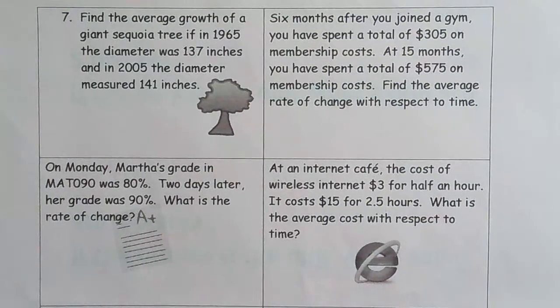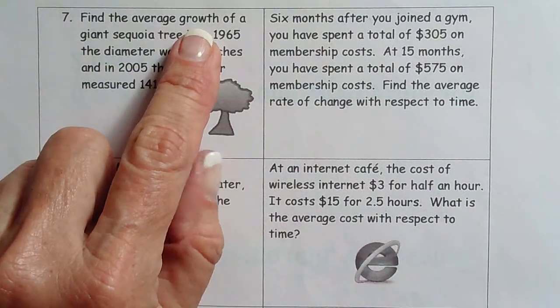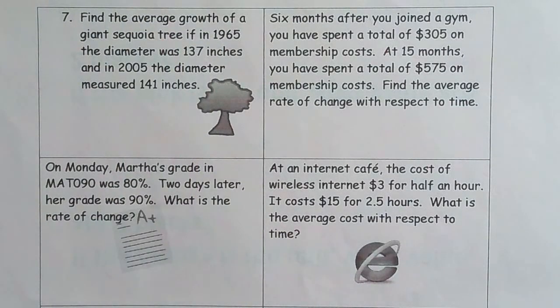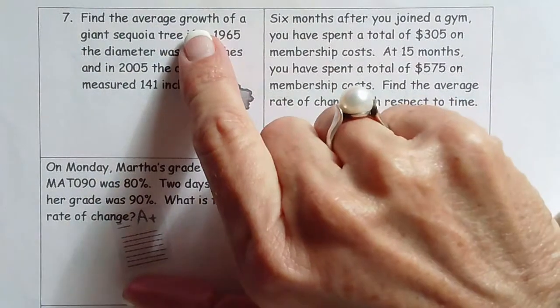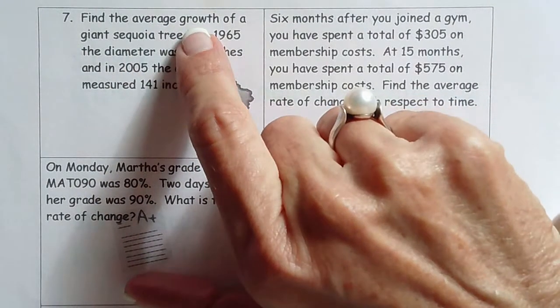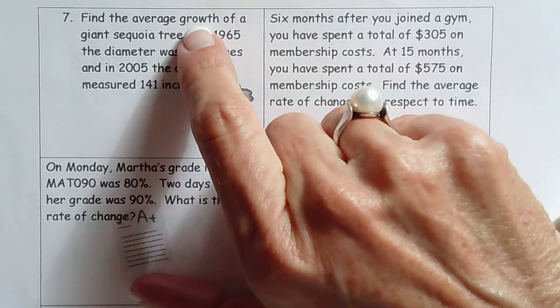So find the average growth. So slope is a lot of things. It's called the average rate of change. It's called the rate of change. It's called the change in y over change in x. Those are all things that mean slope. So when I see average growth, isn't that the average rate of change? How fast it's growing?